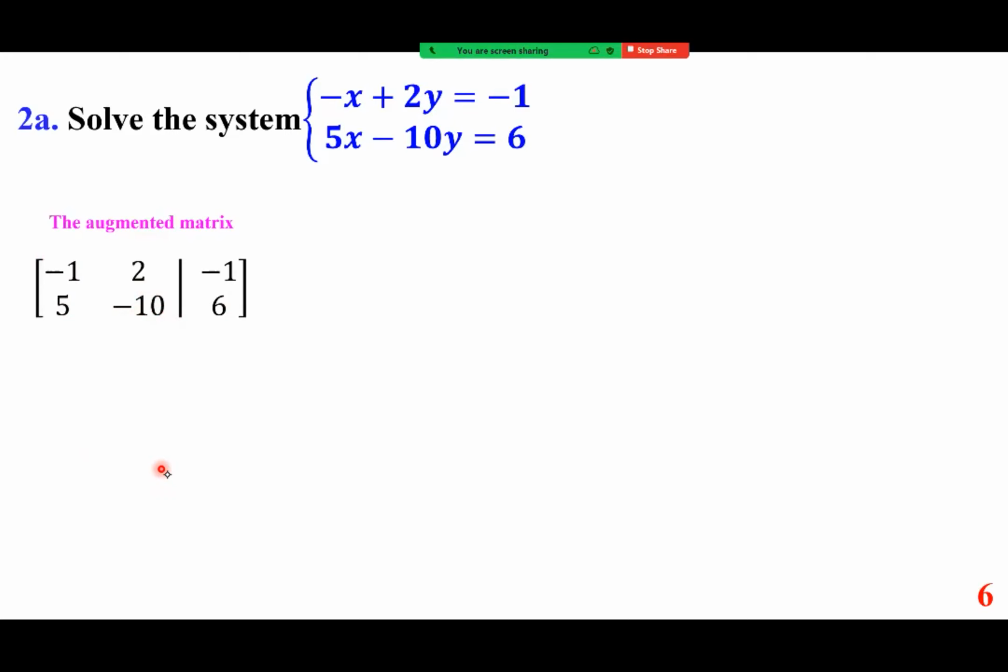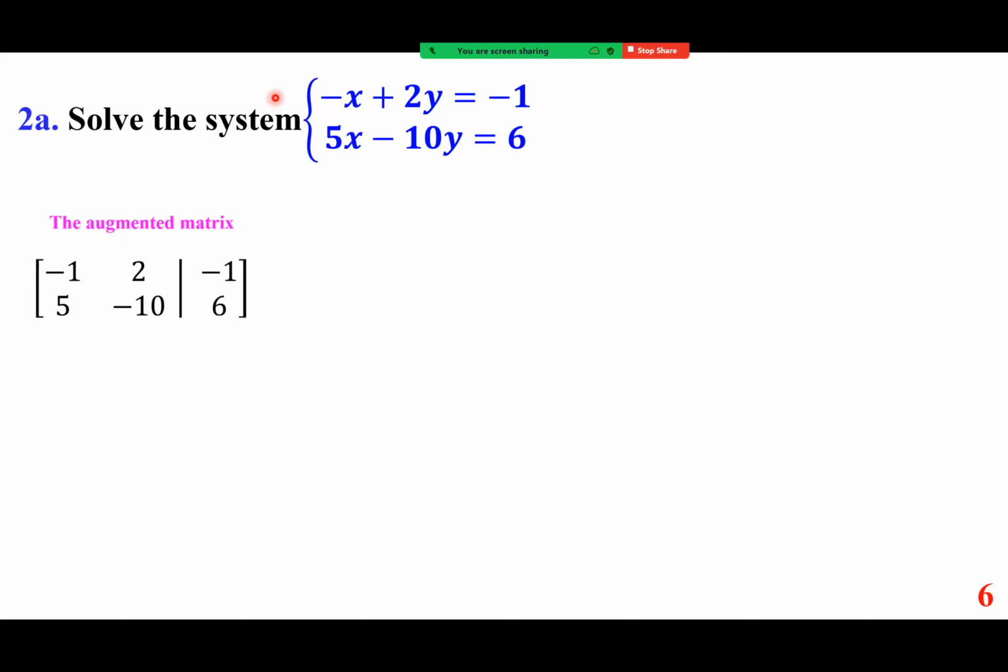This is called the echelon form, or row echelon form. So in order to make this 1, all I have to do is multiply this one by -1. By the way, you have to do a row transformation, which is acceptable.